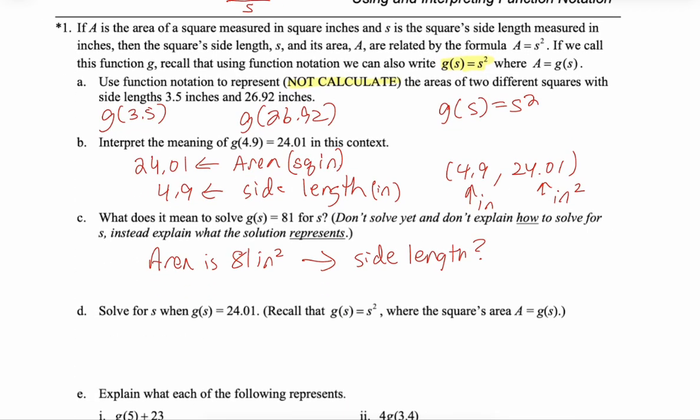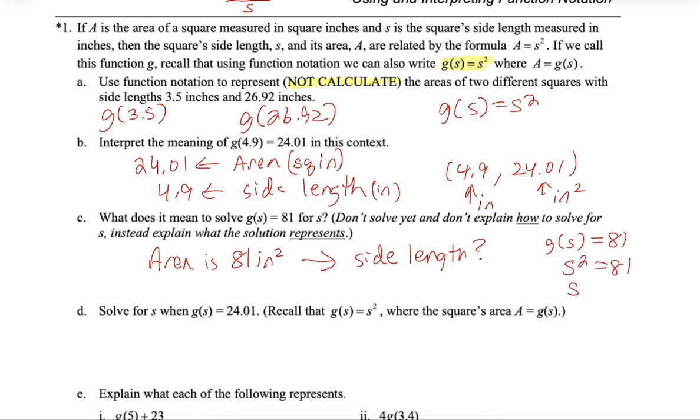Now remember that they didn't ask us to solve it, but let me show you. If they did ask us to solve it, you would want to take out the g of S portion and replace it with the formula. So the formula is S squared.